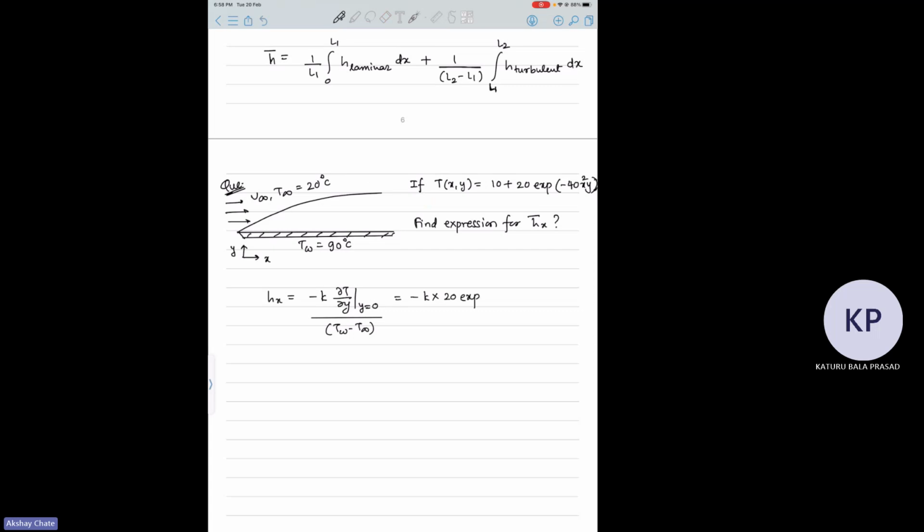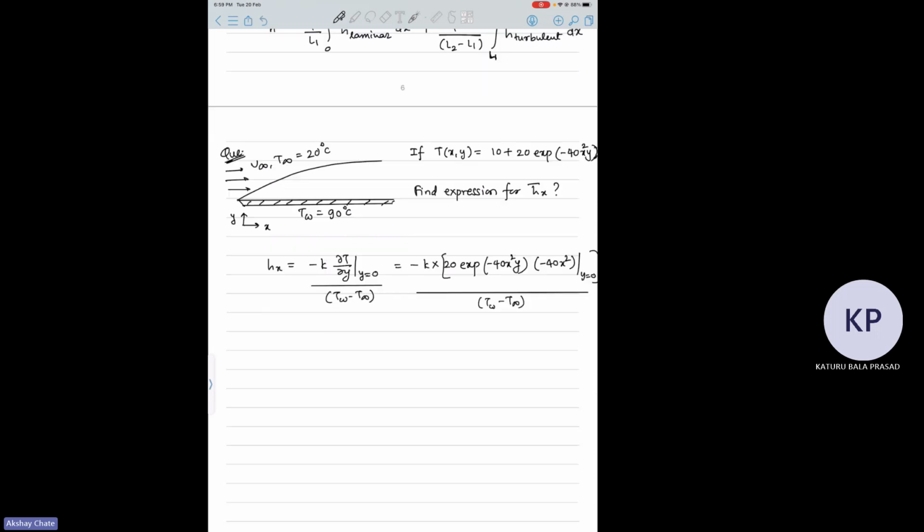This term will remain as it is, minus 40 into x square y, and now we have to differentiate the inner term with respect to y. So that will give you minus 40 into x square. Y will be 1. And this you have to evaluate at y equal to 0, the whole term, and divided by T wall minus T infinity as it is.